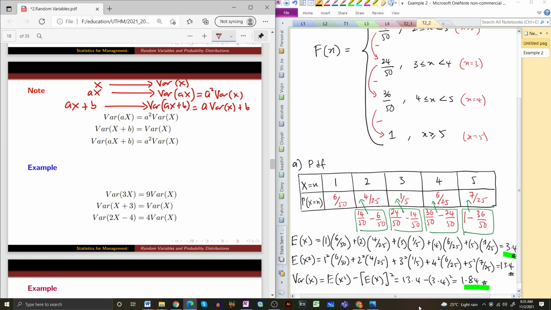But for variance, plus or minus doesn't have any effect. So even though there's a plus or minus here, you just ignore it. The effect goes only for multiplication, and you square it. For example, you can see here this is 3 squared and this is 2 squared, and the minus 4 has no effect, we ignore that. The plus 3 has no effect, we ignore that.